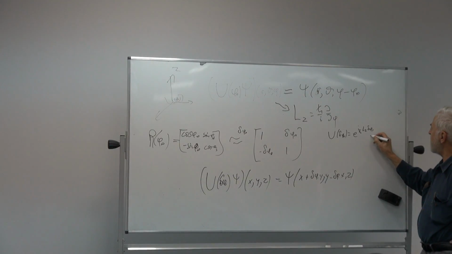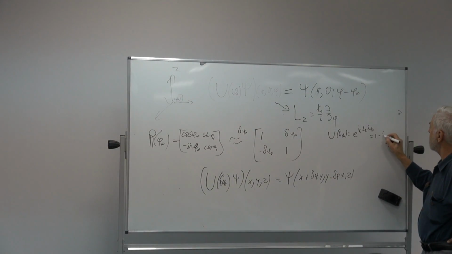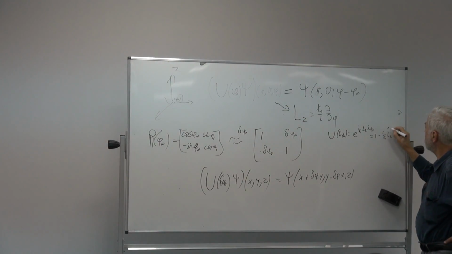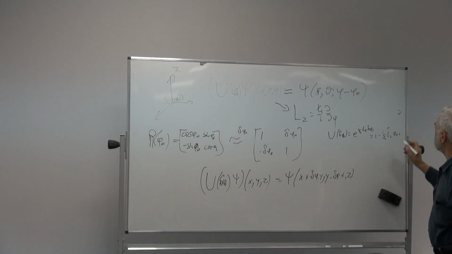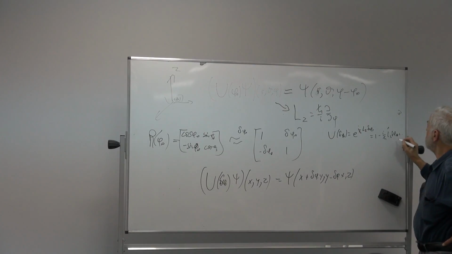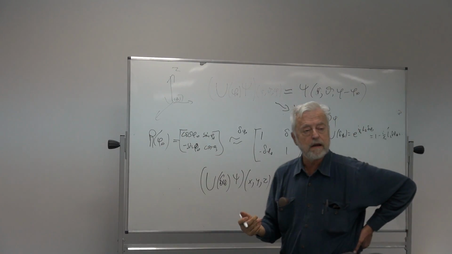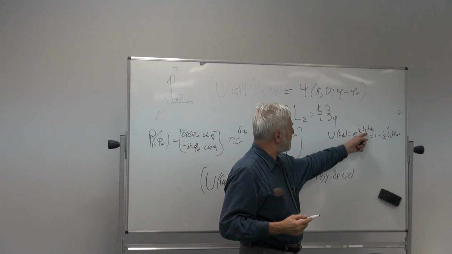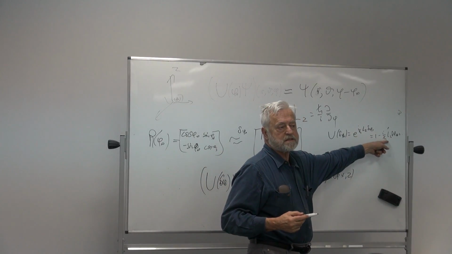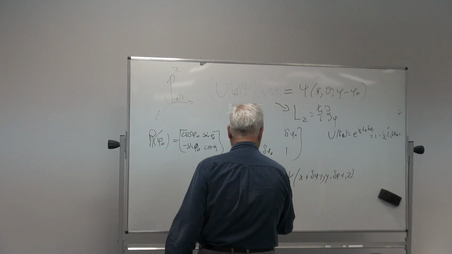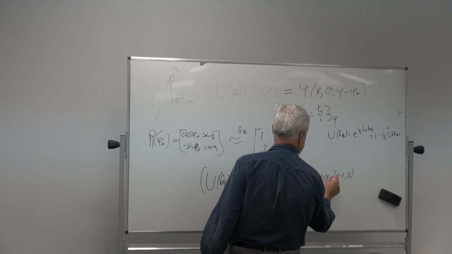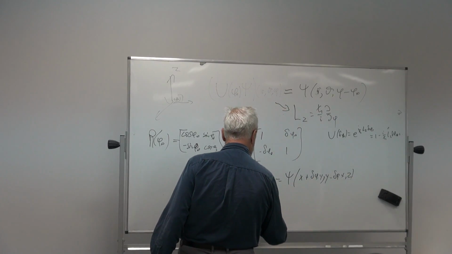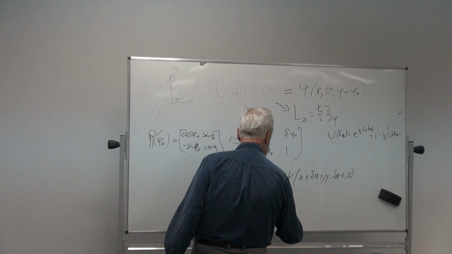This is the same as 1 minus i over h bar Lz times delta phi naught, plus of course terms of higher order. But by expanding this to the lowest order, I can identify what Lz is. Yes. So what do we get? Of course, for phi naught equals 0, I get psi of x, y, z.